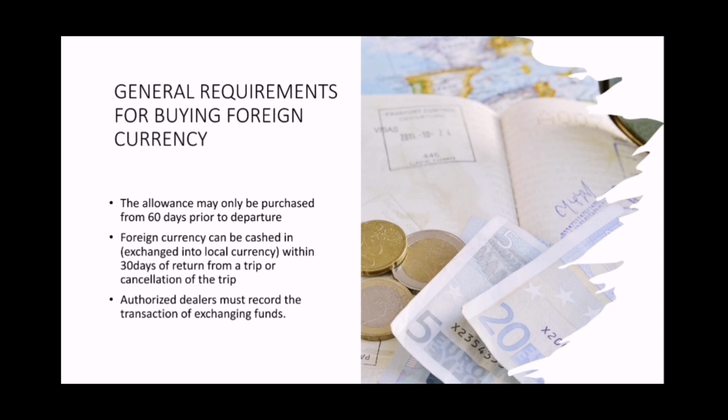This means that if you have a trip to a foreign country, you can only buy the foreign currency within a period of 2 months before you actually depart for your trip. Anytime before that, you will not be allowed to buy this foreign currency.